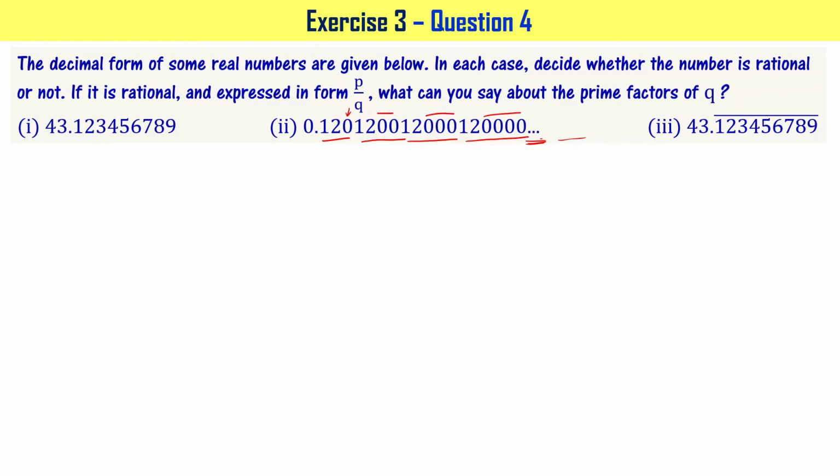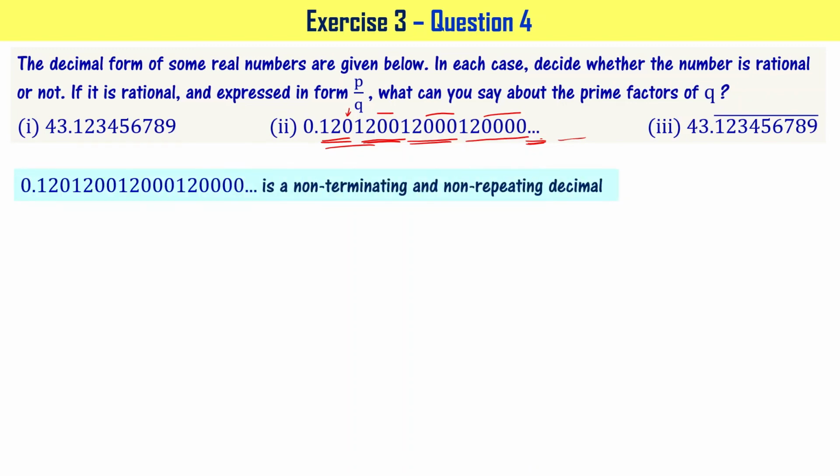It means I can write 12 and 5 zeros, 12 and 6 zeros, 12 and 7 zeros, and so on, right? It means the given number is non-terminating and non-repeating. The given decimal is a non-terminating decimal. That's what these three dots are saying.